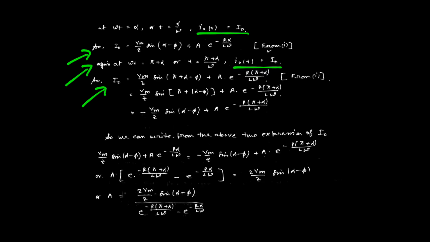After simplification we can rewrite it as minus Vm by Z sin(alpha minus phi) plus A into e to the power minus R(pi plus alpha) by L omega.